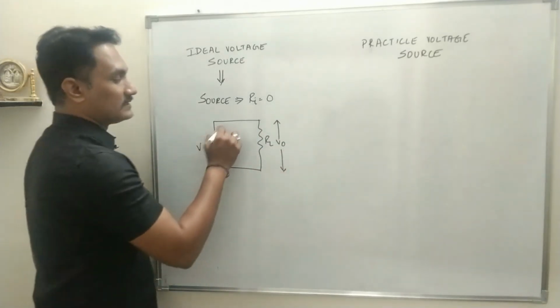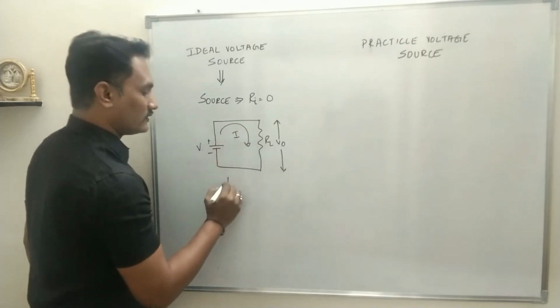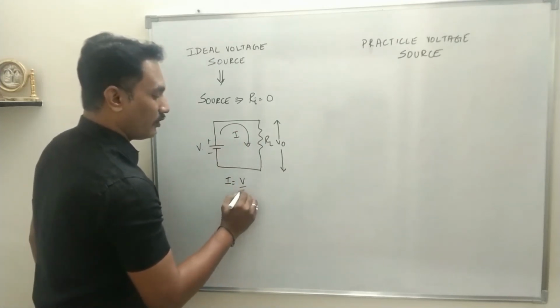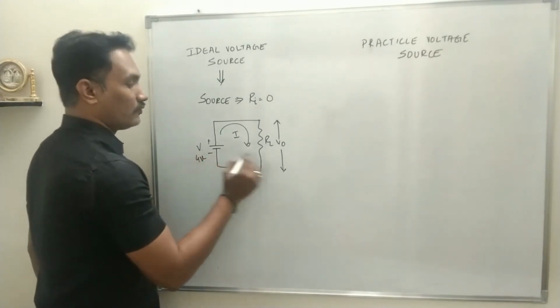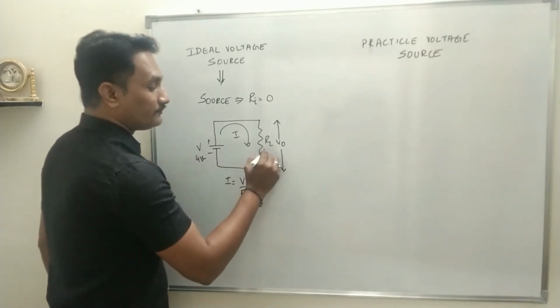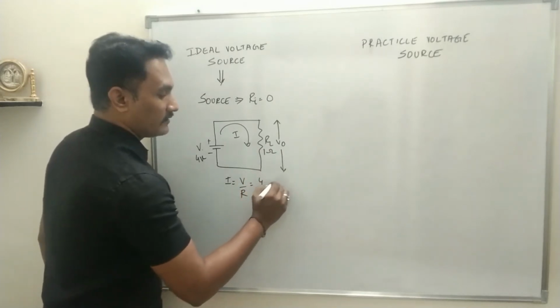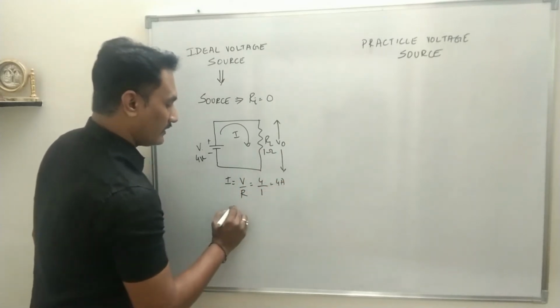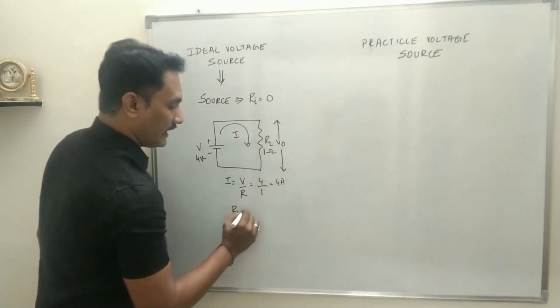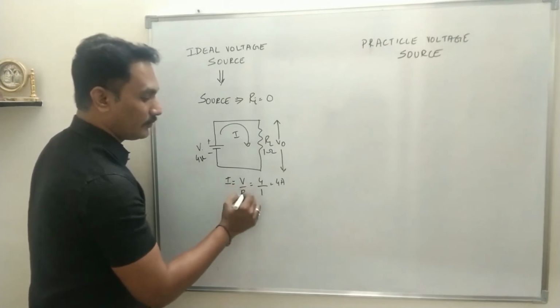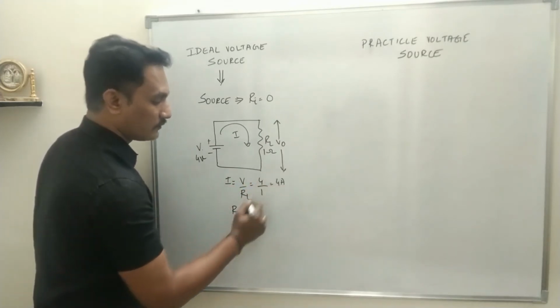Let's say I is the current which will be flowing. So I is equal to V upon R. Say V is equal to 4 volt, R is equal to 1 ohm. So it will be 4 upon 1, that means 4 ampere. In this circuit the only resistance is RL, so the current is V upon RL, 4 upon 1, that is 4 ampere.